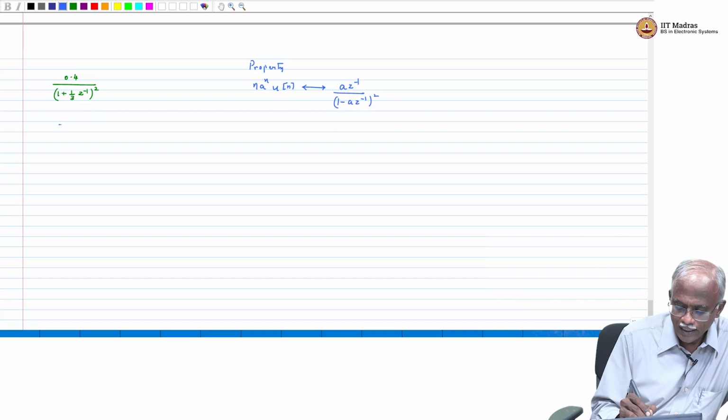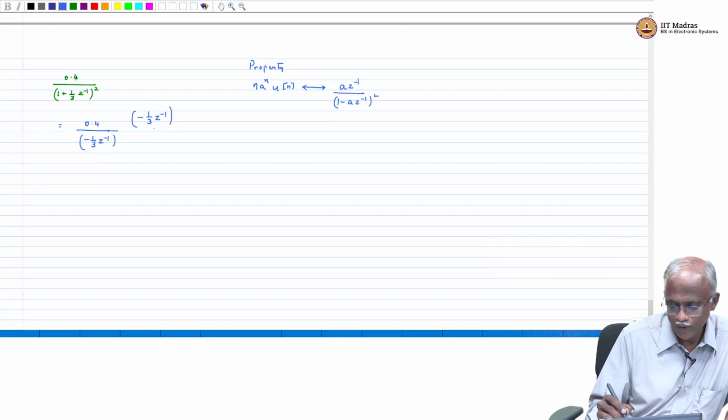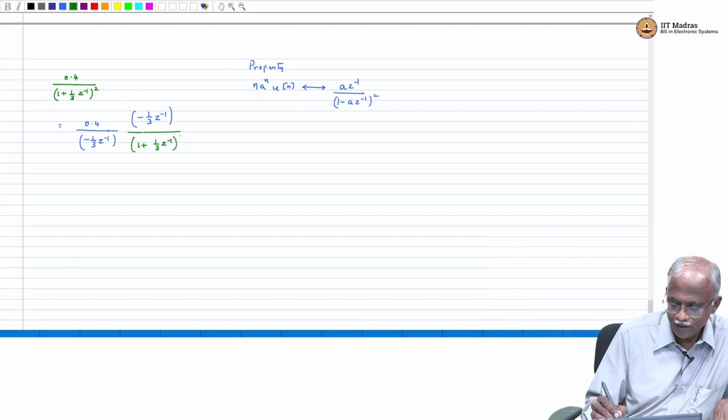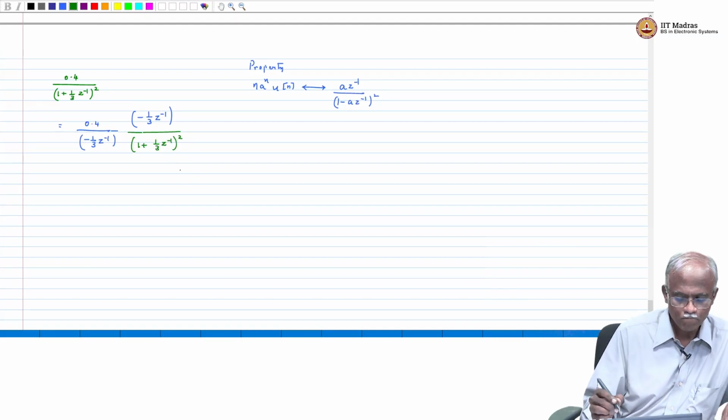I'm going to rewrite this as 0.4 divided by minus 1 by 3 z inverse, times minus 1 by 3 z inverse. I'm multiplying and dividing by minus 1 by 3 z inverse, and it will be clear in a minute why I'm doing that, because we're going to write this over 1 plus 1 by 3 z inverse, the whole squared.